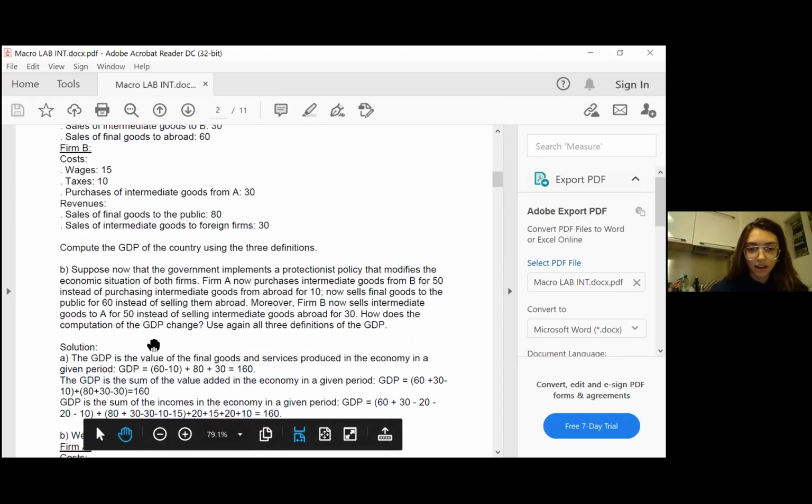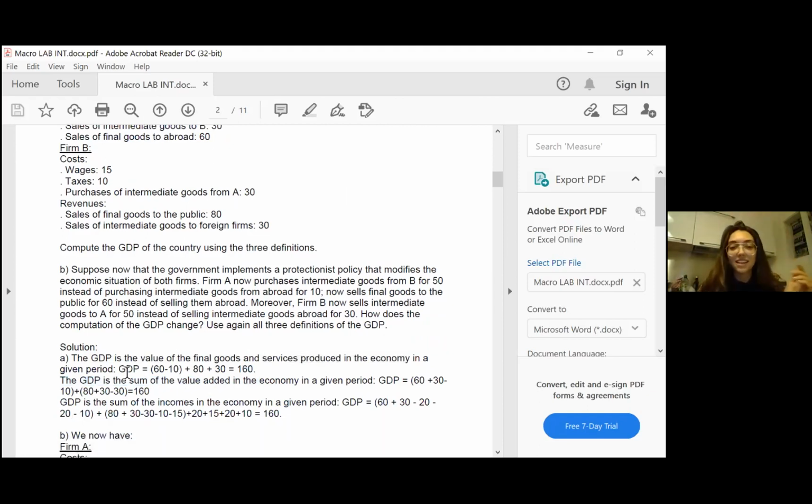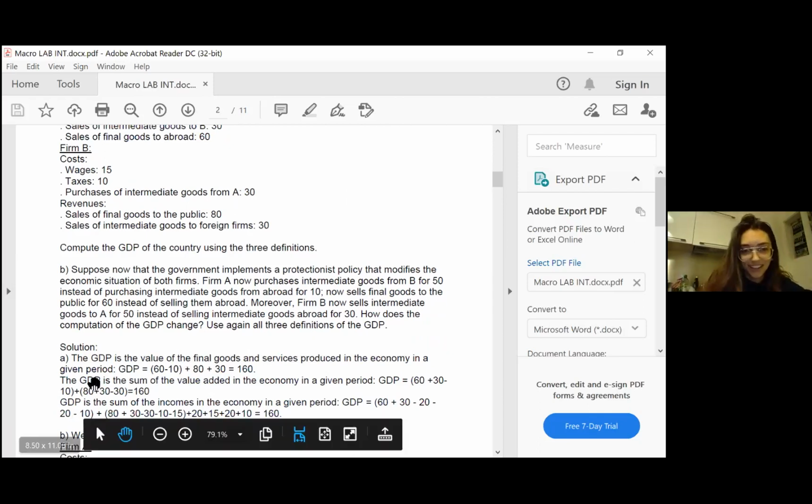Okay, great. Now we have to find the same number, obviously, with the two other definitions. Otherwise, it means that we did something wrong. With the second definition, the GDP is the sum of the value added in the economy in a given period. In that case, what would you do? From firm A, what is their value added?